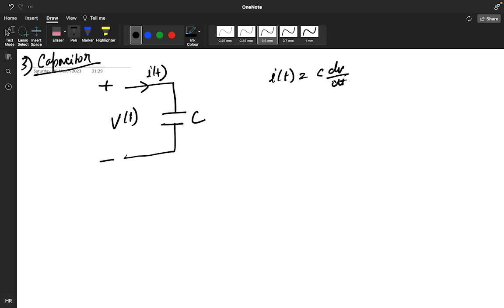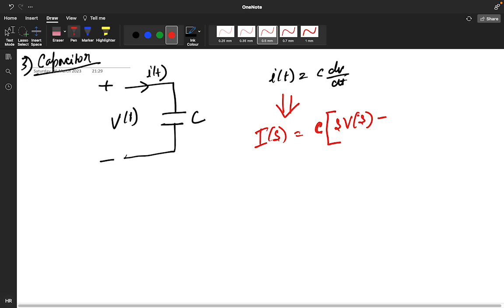Am I right? Now if you convert this into Laplace transform, what will be the result? I of S equals C times S into V of S, since it is dV by dt.